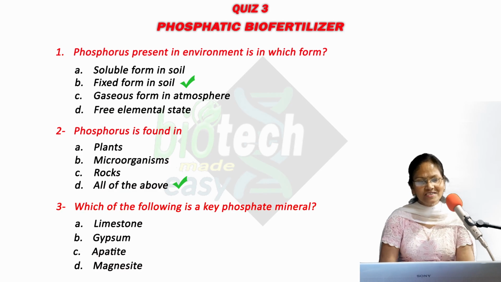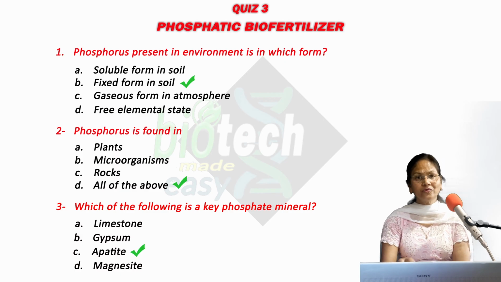Now the third question is, which of the following is the key phosphate mineral? Limestone, gypsum, apatite, magnesite. Here the right answer is apatite. In this form, phosphorus is present in abundance, in large quantity.